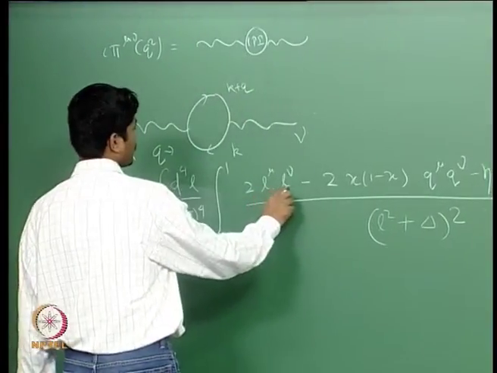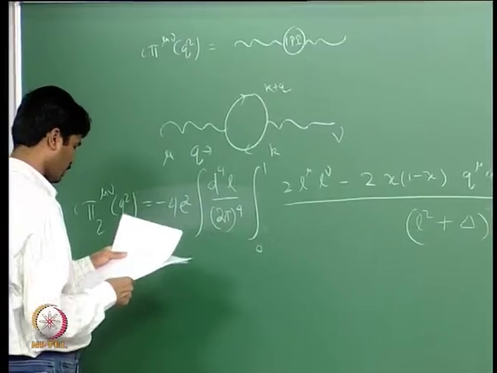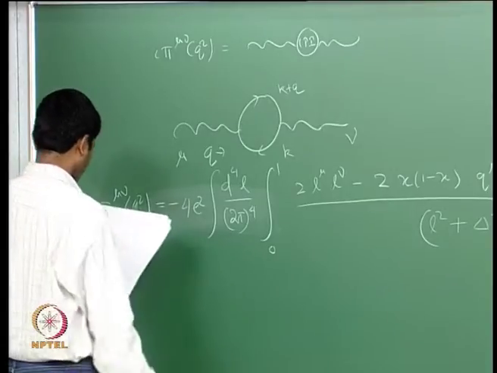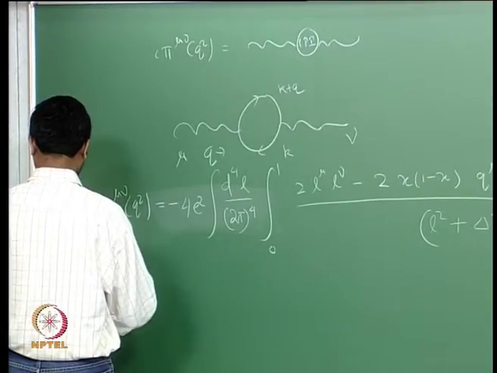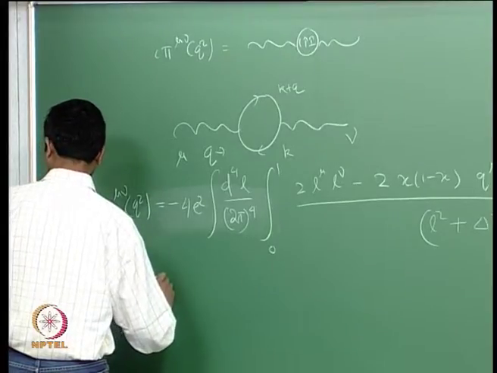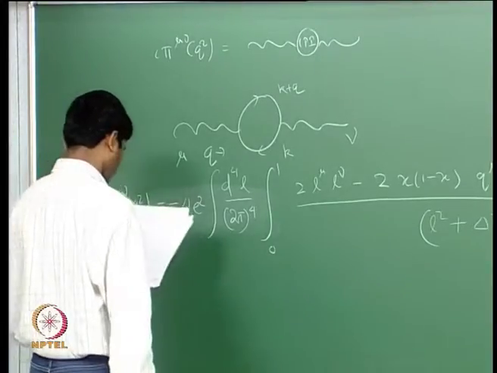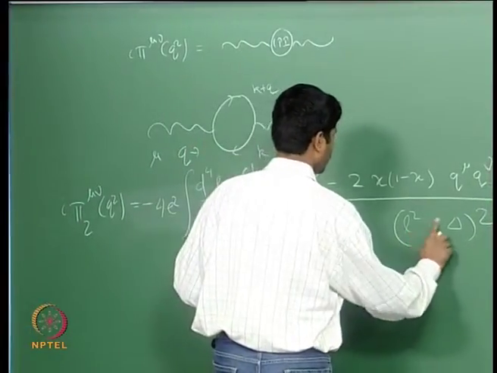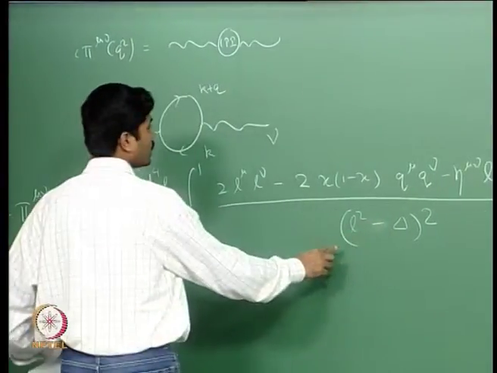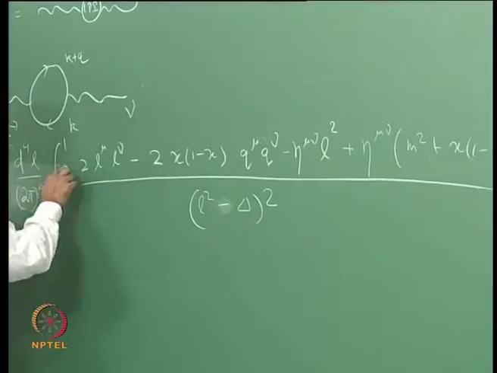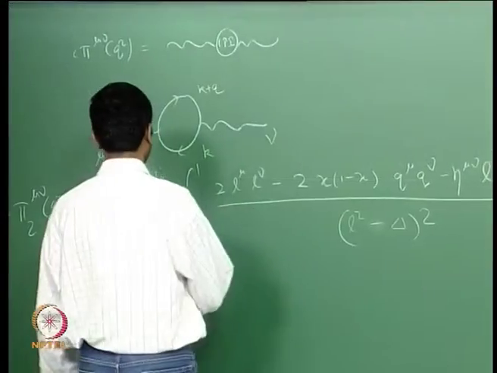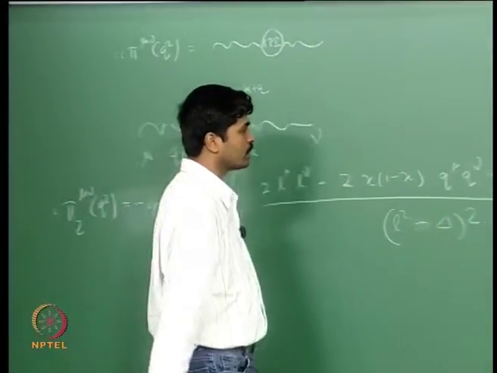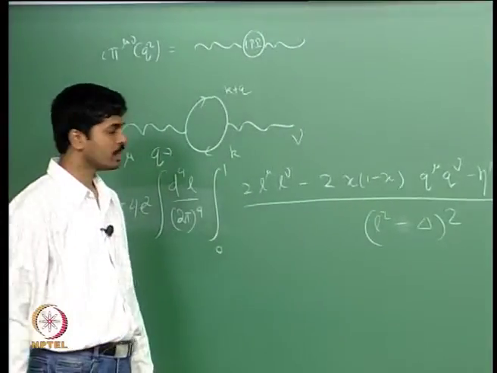Basically you will have to do a Wick rotation, and in this process L square minus delta square will become plus, and then here you will get a minus sign, and here you will get a minus sign, and that is all, and then you will get an overall factor of i here. You can evaluate this integration explicitly.